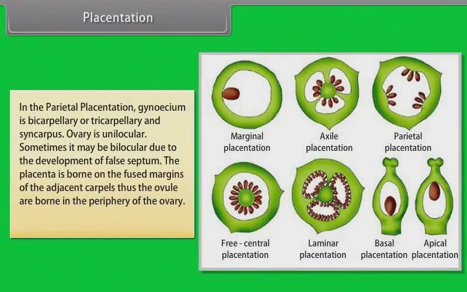In the parietal placentation, gynoecium is bicarpellary or tricarpellary and syncarpous. Ovary is unilocular. Sometimes it may be bilocular due to the development of a false septum. The placenta is borne on the fused margins of the adjacent carpels, thus the ovules are borne on the periphery of the ovary. Example: Cruciferae.